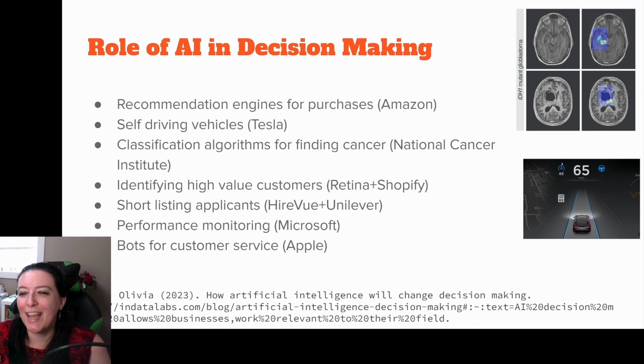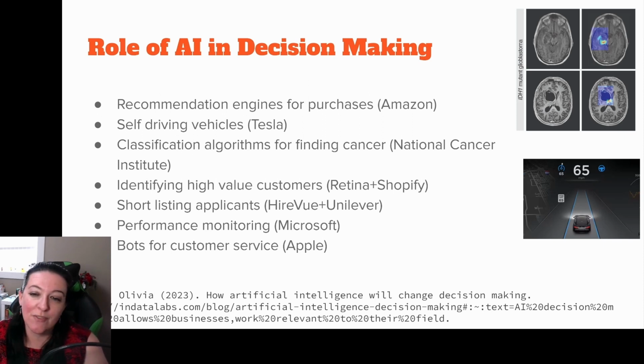We use classification algorithms to find cancer. We can identify high-value customers based on their behaviors. We can shortlist applicants' resumes by identifying different themes and sentiment, and what is a good applicant and a poor applicant.